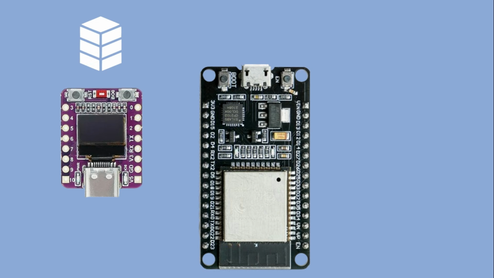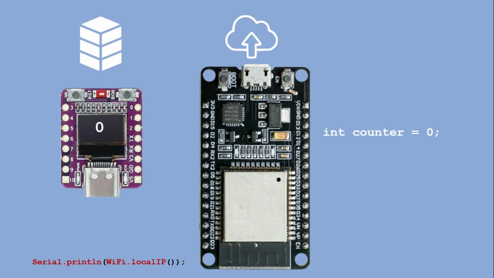The ESP32, the transmitter, will run a simple web client. Every 10 seconds, it will increment the counter value, connect over Wi-Fi to the ESP32C3 web server, and send that value to it. To communicate with the server, we first need to obtain the IP address dynamically assigned to the ESP32C3 by the router. We do this by using the local IP method.